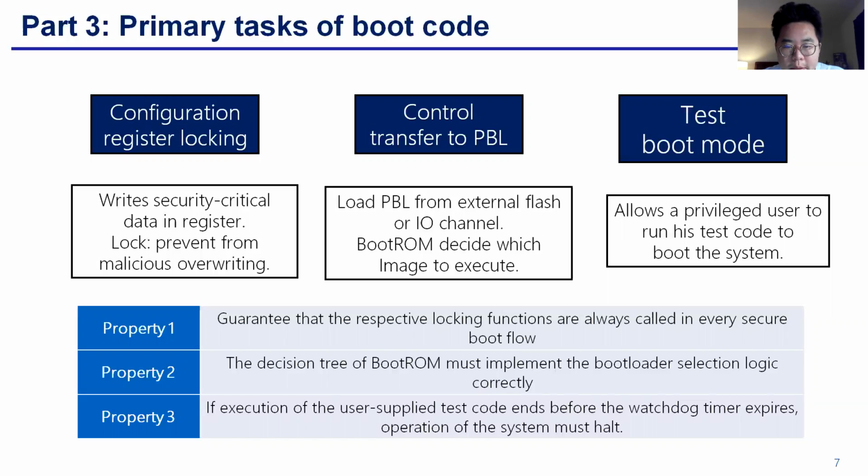So the boot ROM makes its decision depending on tens of such parameters. It's easy to make mistakes, so it's important to formally verify that the implementation matches the designer's intent. The property of this one is that the decision tree of the boot ROM must implement the bootloader selection logic correctly.